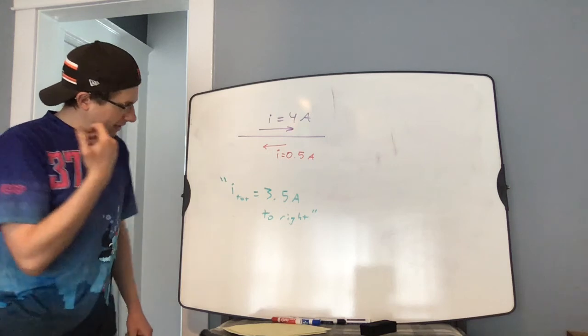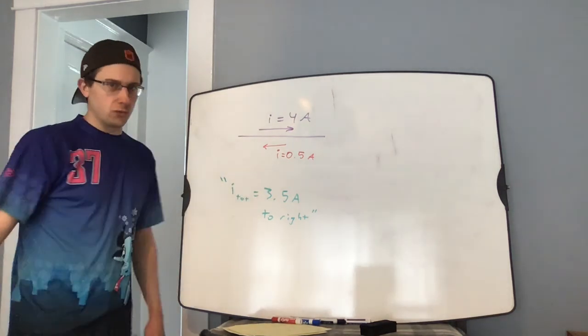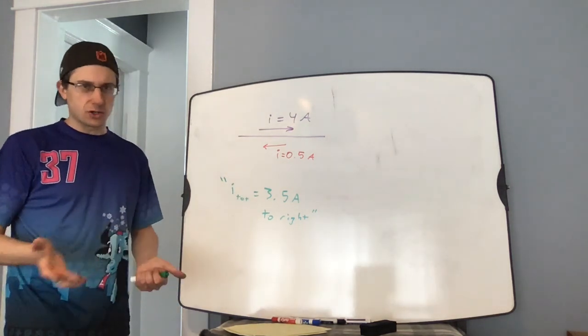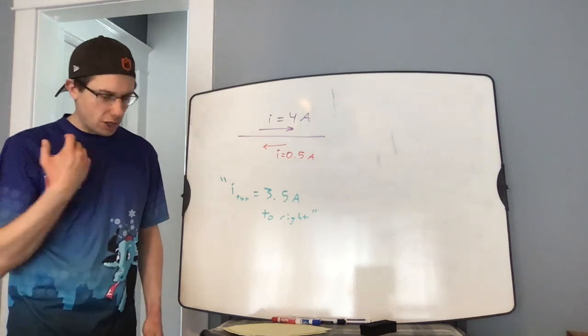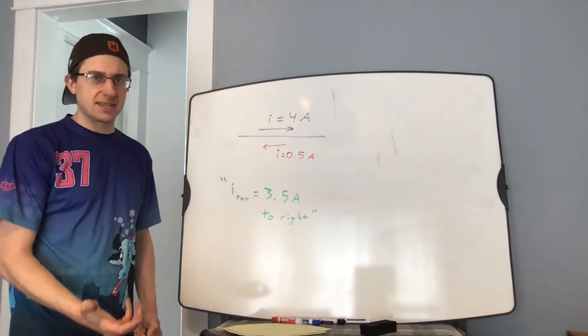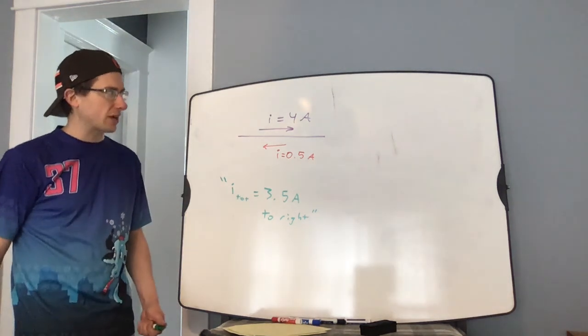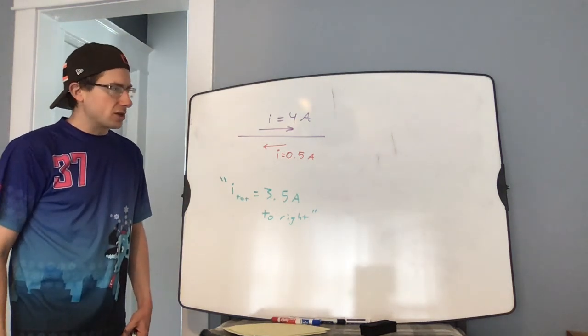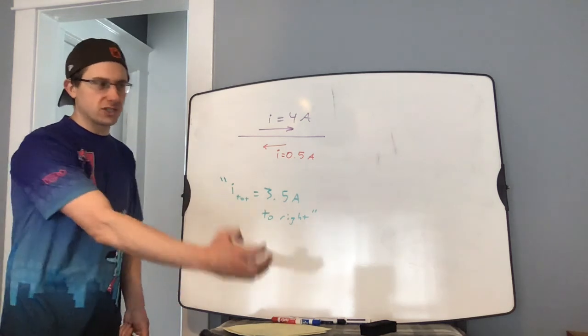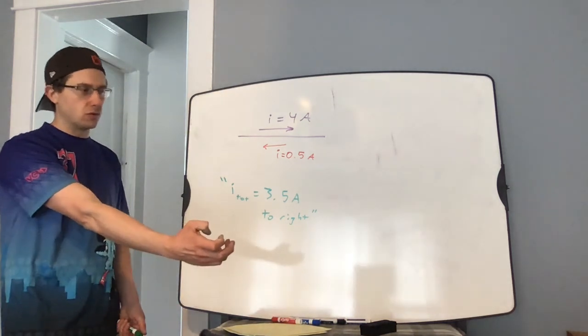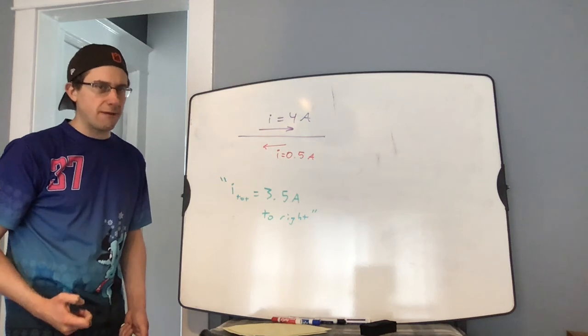Now, this is not really how nature works, because if you think about what is a current, well, an electric field is created inside the wire. The electric field pushes the charges in a preferred direction. It's not like you have an electric field pointing so some charges only move to the right and other charges only move to the left.